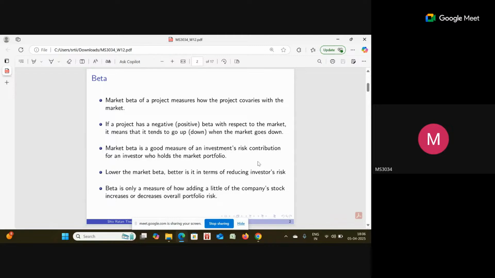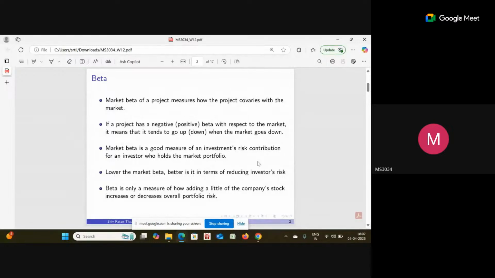So why is market beta important? It is a good measure of investment risk, of how this investment is contributing towards the overall risk for an investor, and how you can utilize this. The lower the market beta, the better it is in terms of reducing investor risk.